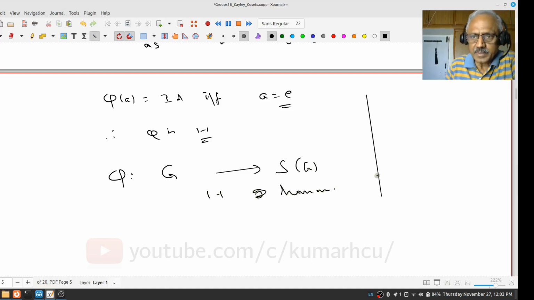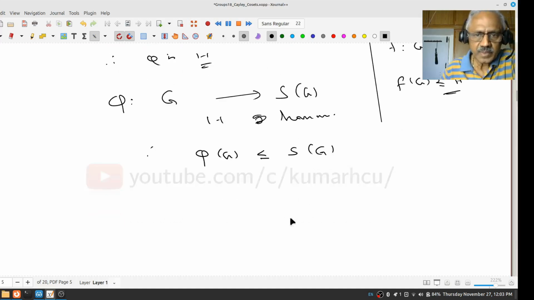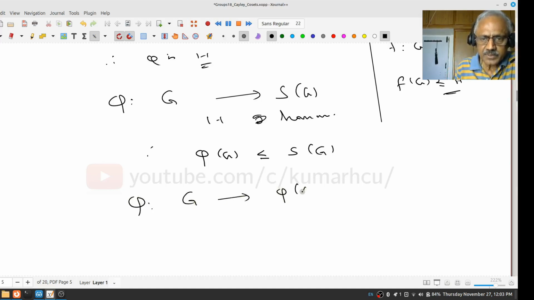And remember, if f from G to H is a homomorphism of groups, then f of G is a subgroup of H. Therefore, phi of G is a subgroup of S of G. Is that clear? Now, therefore, I can think of this as a map phi from G to phi of G, which is of course contained in S of G, right?